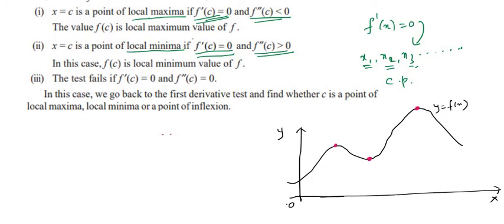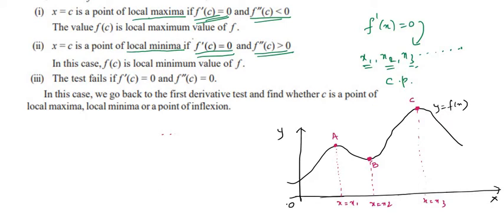This is point A, this is point B, and correspondingly this is x equal to x1, this is x equal to x2, and this point is x equal to x3. Therefore there are three such points. It may even have many local maxima and local minima.